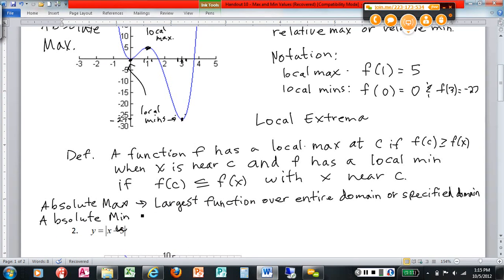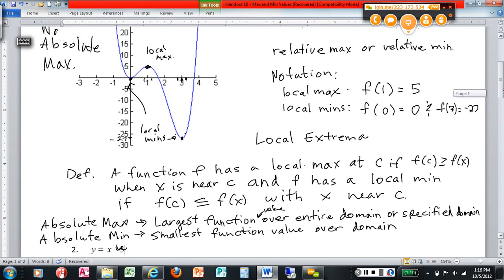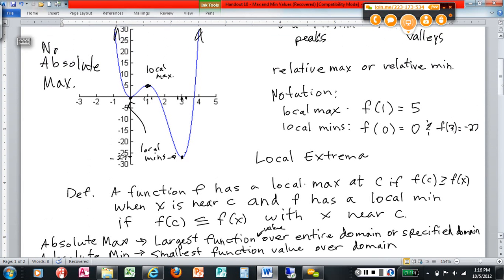However, on the absolute min, guess what it is? The absolute min is the smallest function value over the entire domain or specified domain. And so the example above does have an absolute min, doesn't it?